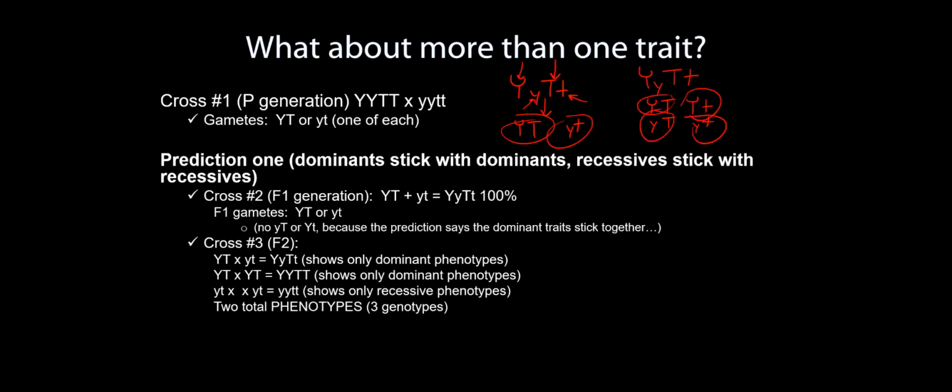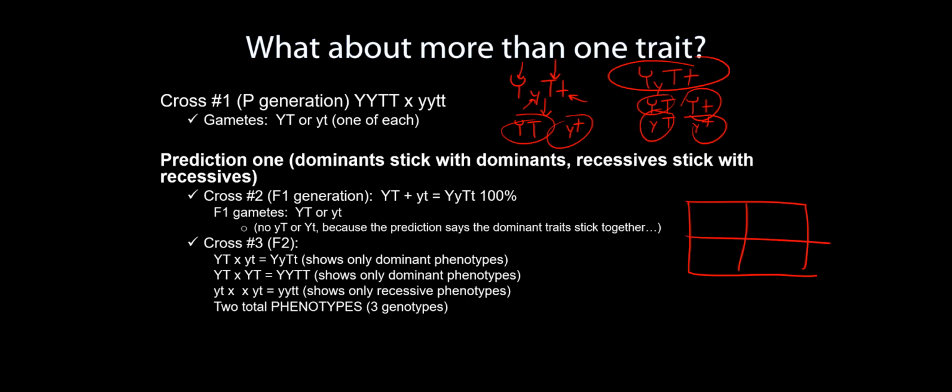So the question was, if we allowed this dihybrid to self-pollinate, which kind of Punnett square would we see as a result of that actual cross?